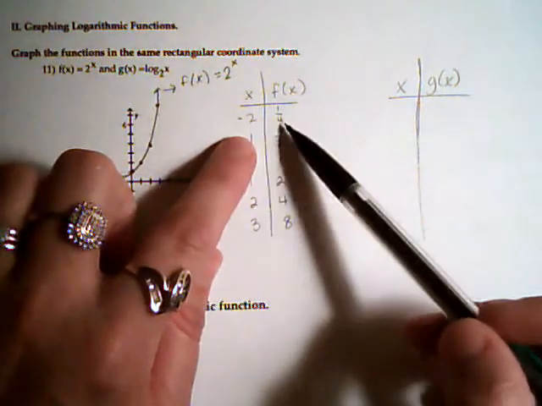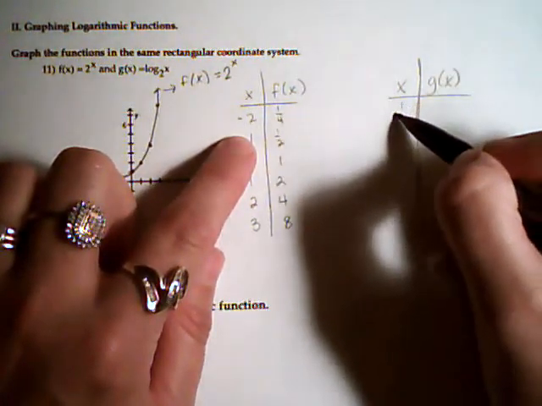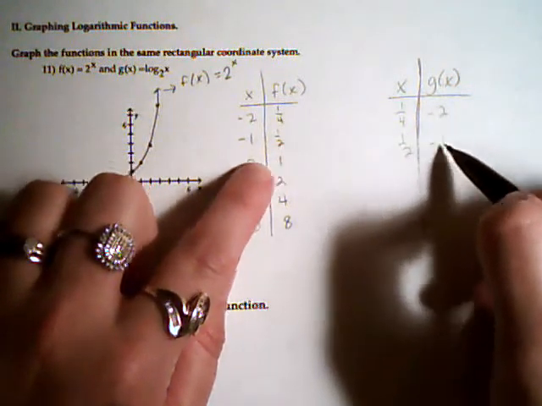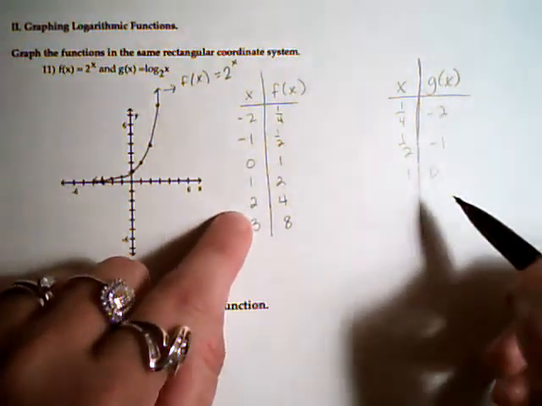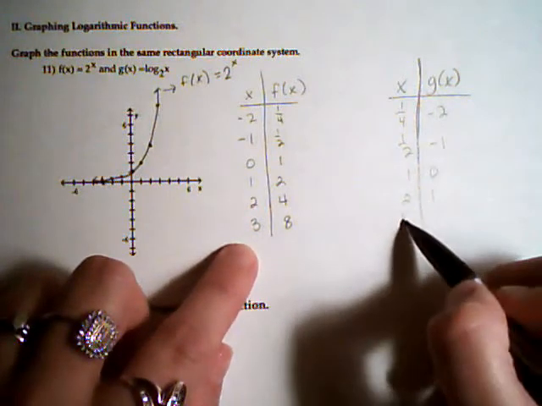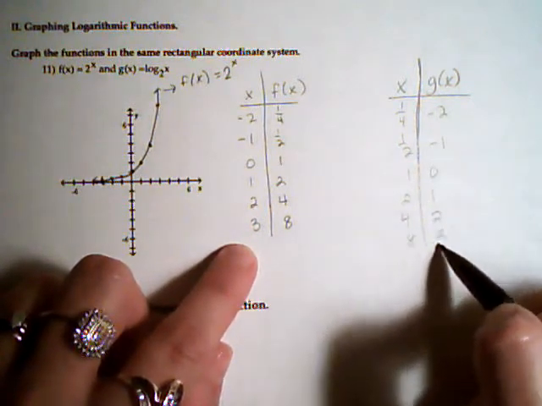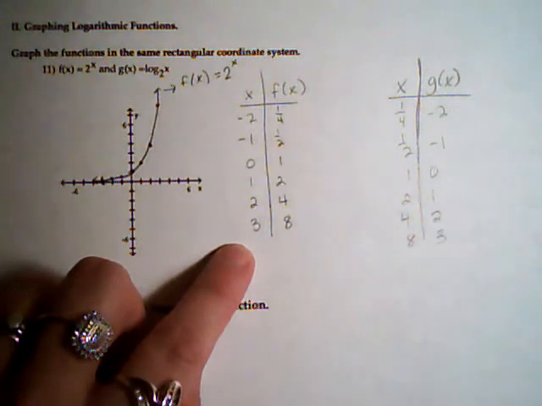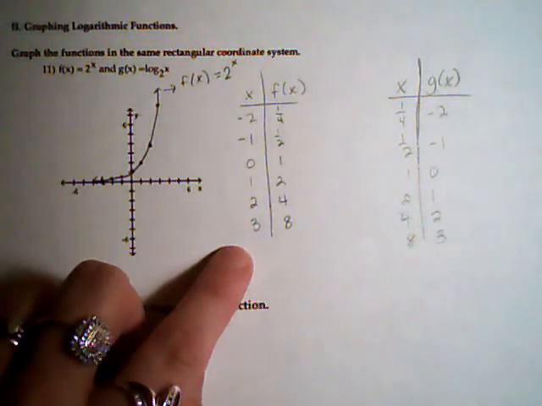So where I have negative 2, 1/4, I would have 1/4, negative 2, and then 1/2, negative 1; 1, 0; 2, 1; 4, 2; and 8, 3. Because by definition of an inverse, it means that those x and y values are just interchanged.